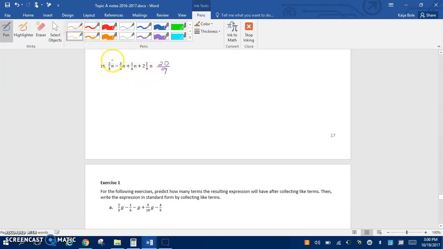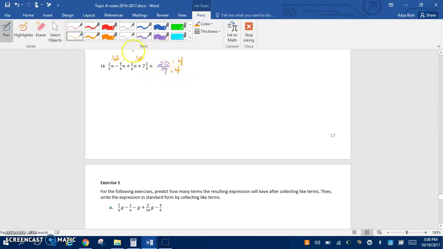So that means here we are multiplying the entire thing by 12. The second one we're going to end up multiplying by 9. The third by 6. And then the last one we'll have to do by 4.